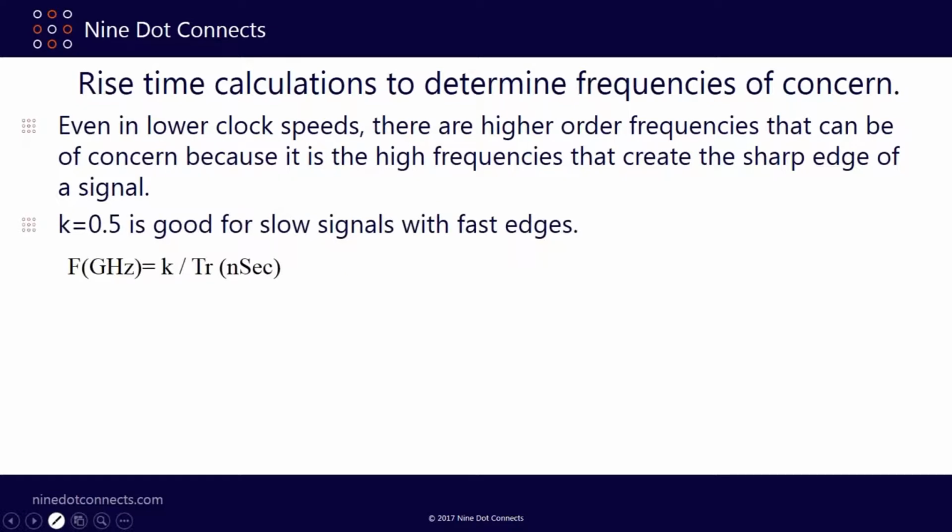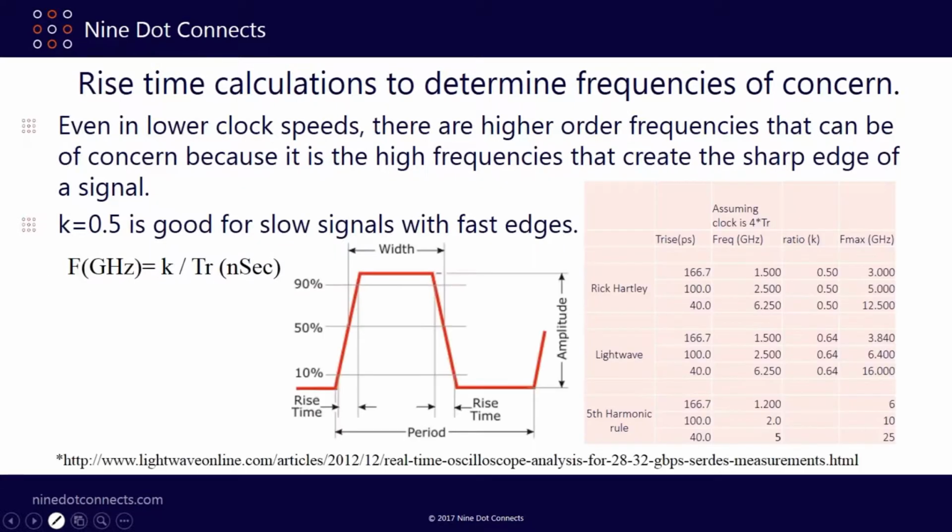Now, if you're dealing with a slow signal, but you have fast edges, K is a good number to use in this equation. We're going to try and approximate what are these higher frequencies that you have to be concerned about. What I'm trying to show you here in this diagram, first of all, let's clarify.